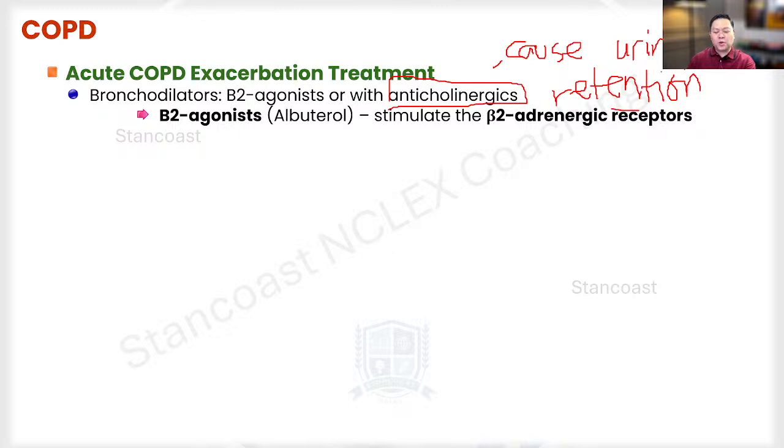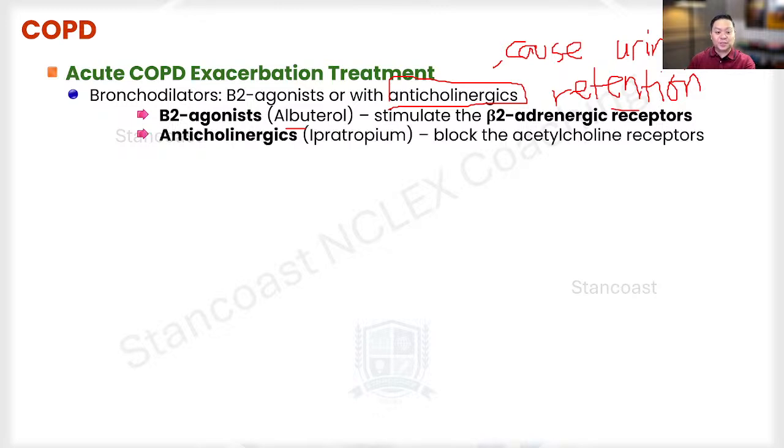Now, the bronchodilators again will be the beta-2 adrenergic agonist, the albuterol. And again, this is going to stimulate the beta-2 adrenergic receptors in the airways. The anticholinergics are actually going to block the acetylcholine receptors. And this is going to cause a reduction in the inflammation and allow a much more open airway.